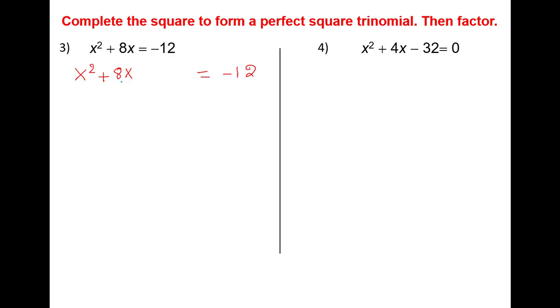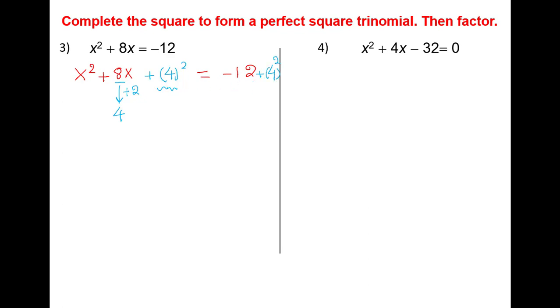Then here, I'm going to make my procedure again. I'm going to divide the 8 by 2. It's going to give me 4. I'm going to take this 4 and add it here, and then square it. The same that I'm doing here, I'm going to add after the equal sign, because this is an equation.